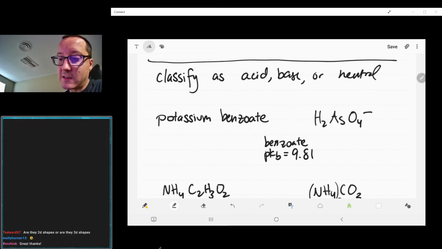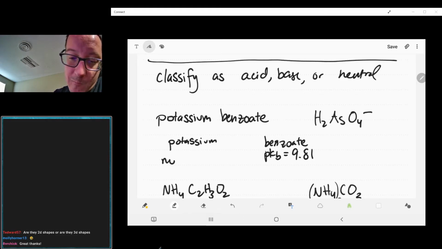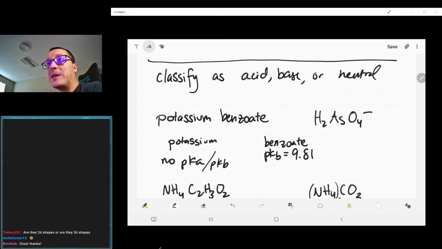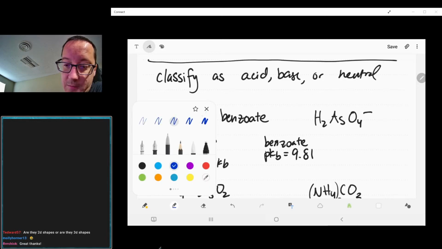We don't have benzoic acid in there. Potassium does not have a pKa, right? There's no hydrogen on it to deal with. It also doesn't really have a pKb because potassium can't have an H plus to begin with, so it's not an A minus. So if we notice, we have benzoate which has a pKb, so we're going to see that this is going to be basic.